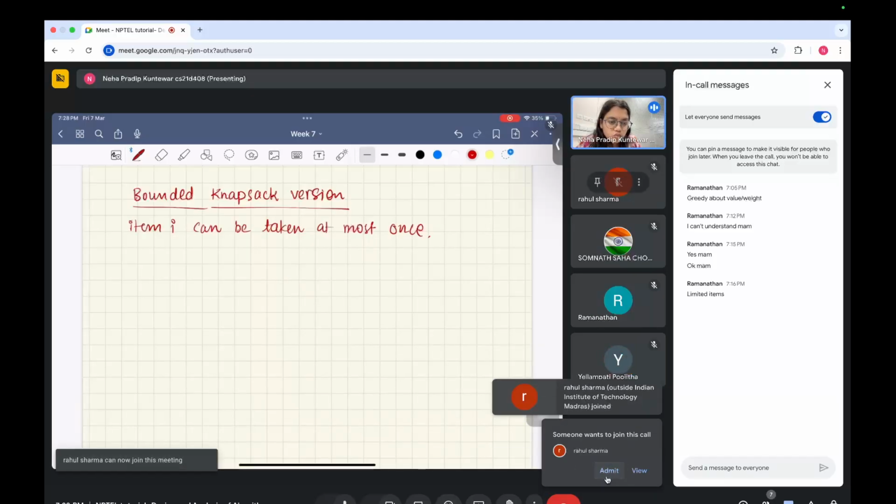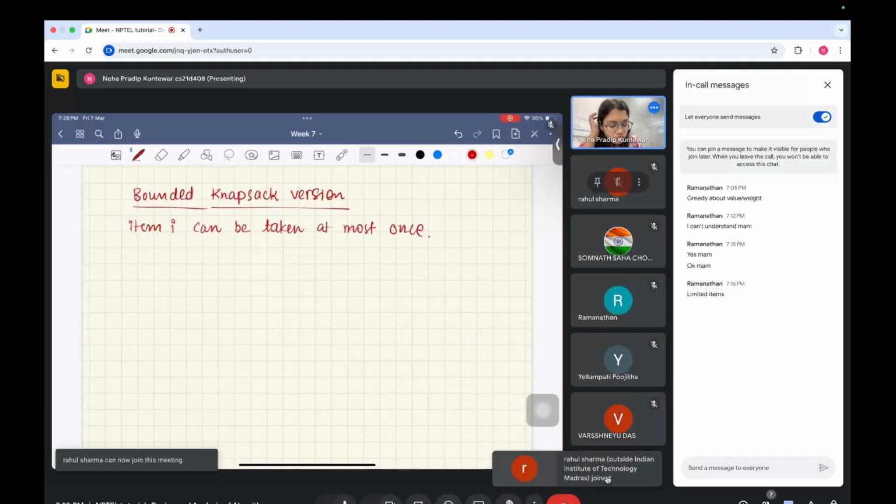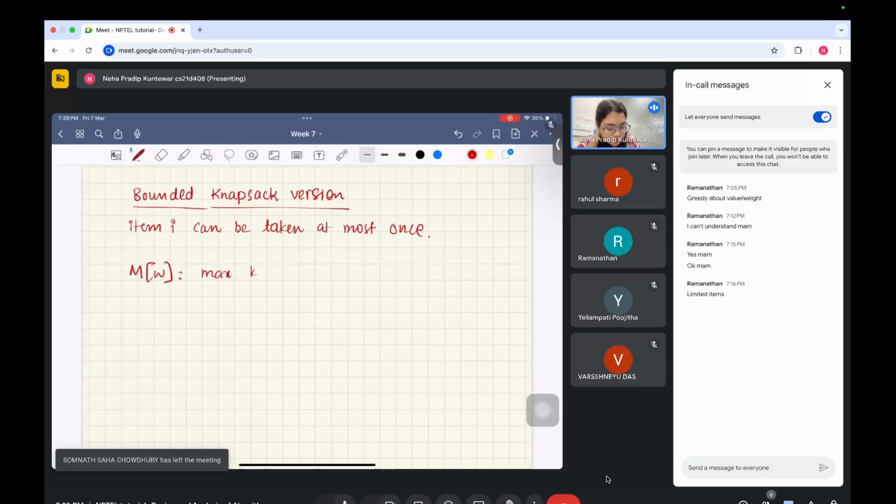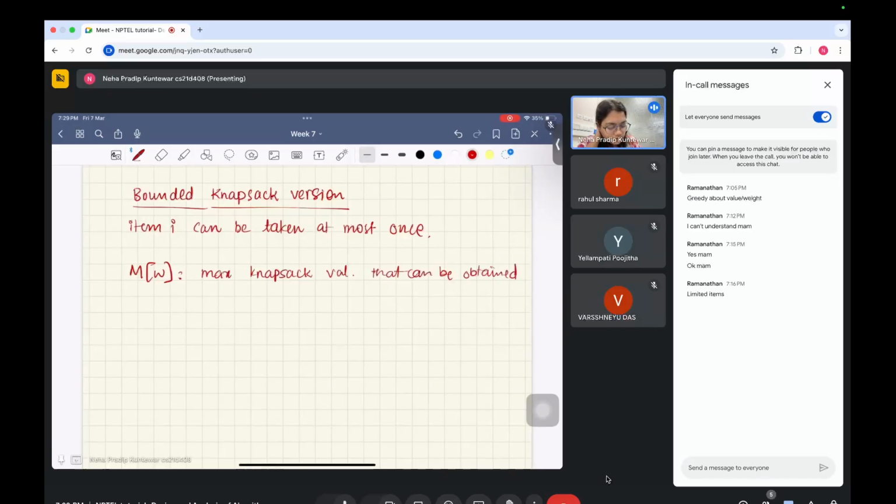Okay, so earlier what we did was we denoted m of w by the maximum knapsack value that can be obtained with capacity at most w.